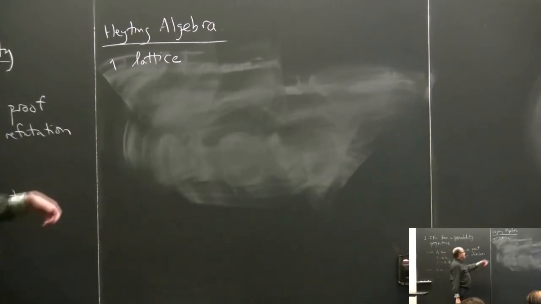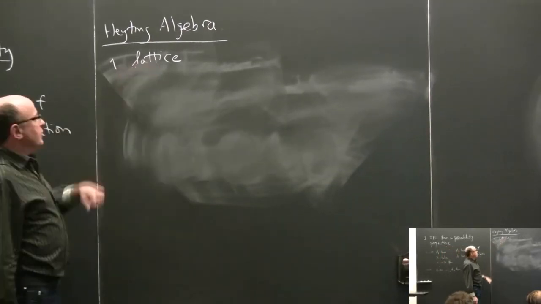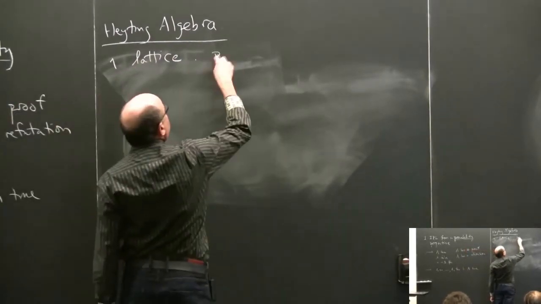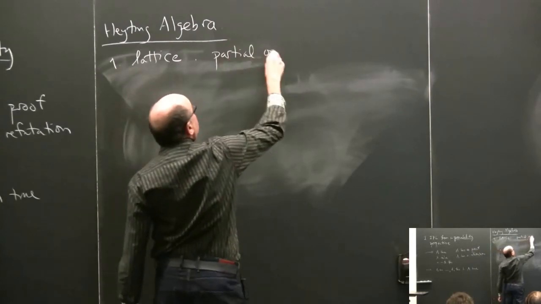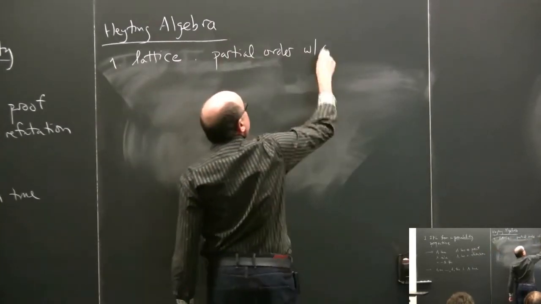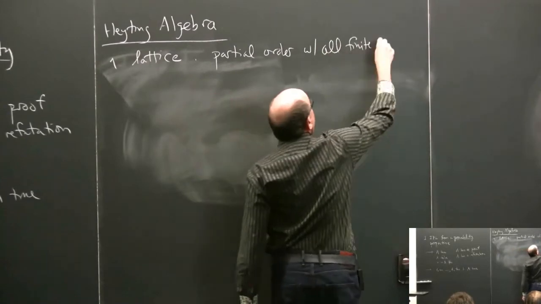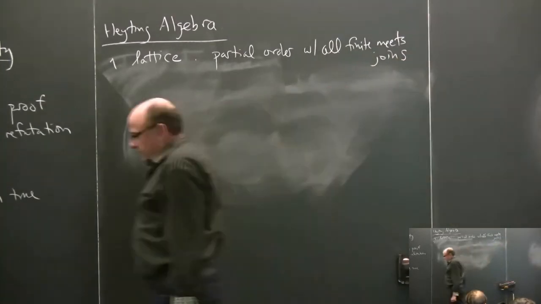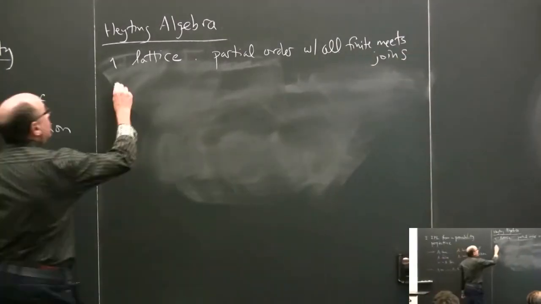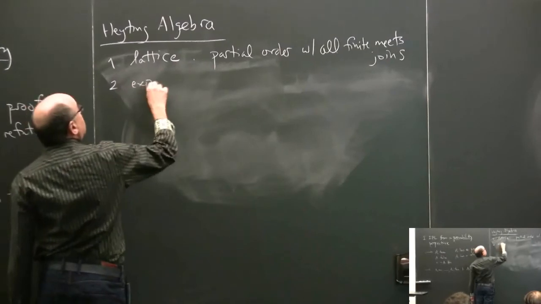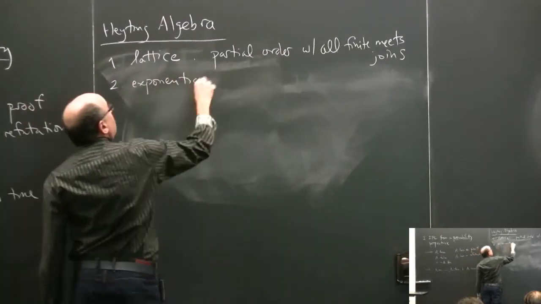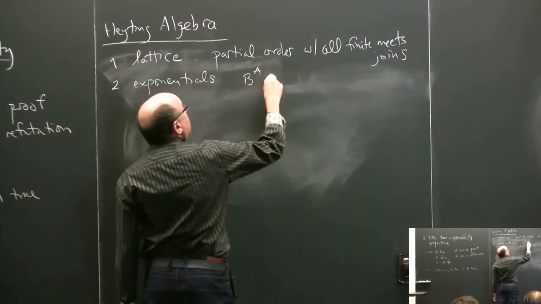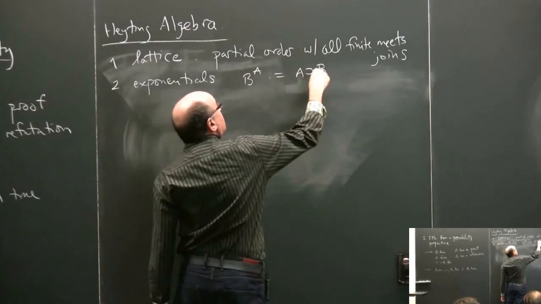But it has a very definite meaning, which we should stick with: a partial order with all finite meets and joins, meaning greatest lower bounds and least upper bounds, and it has exponentials, which are given by implication. So b to the a is given by the implication A implies B.